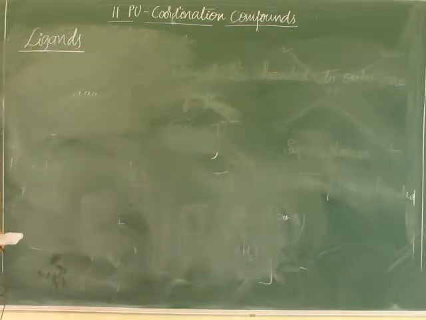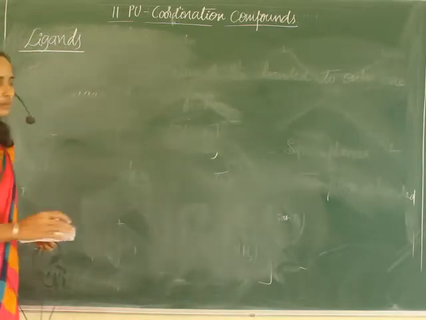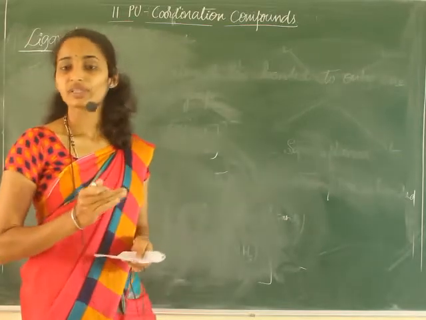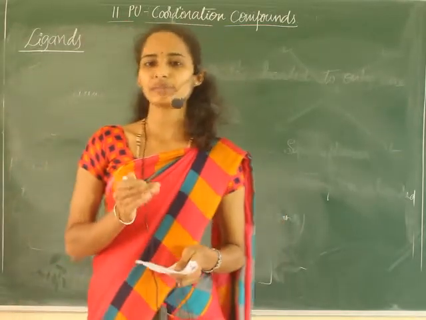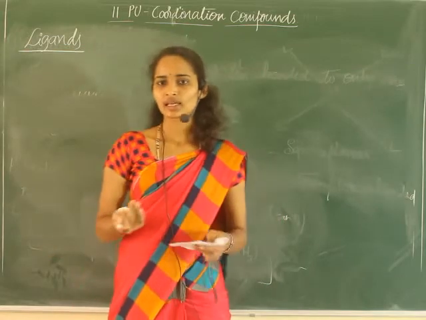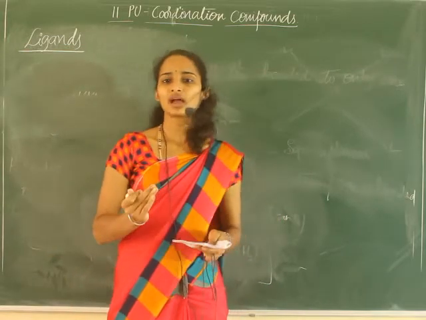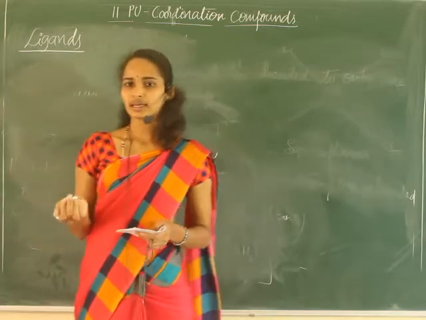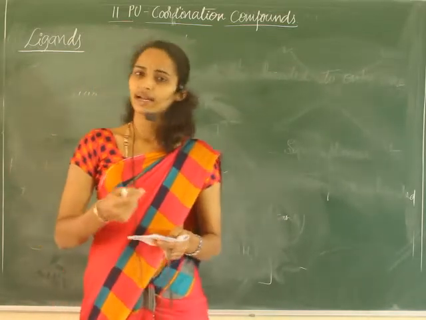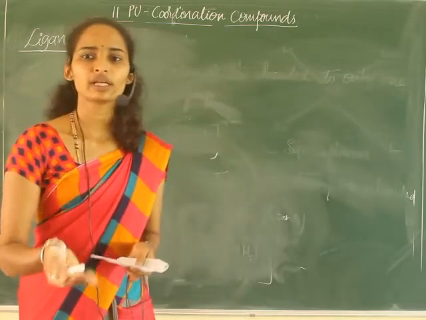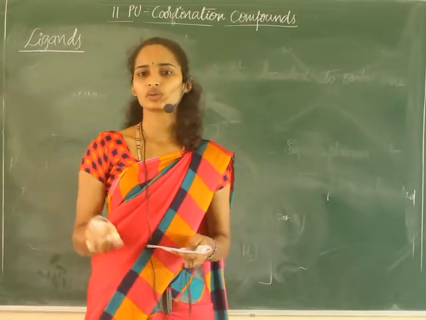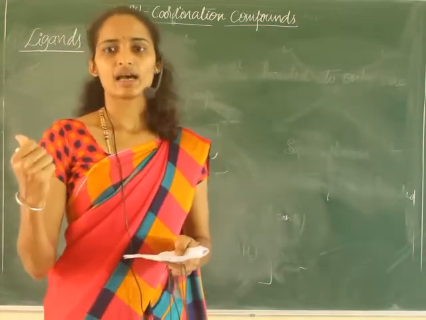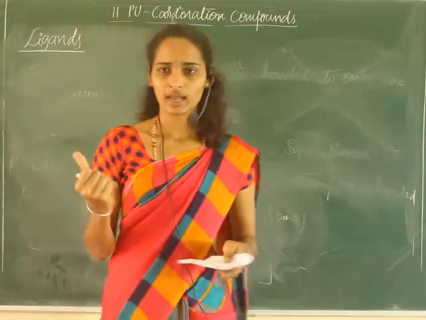Now what are ligands? Ligands are nothing but donor groups which are directly attached to the central metal atom and donate one or more pairs of electrons to the central atom. Clear? Ligands are directly attached to the central atom and donate pairs of electrons to the electron deficient central atom, and these ligands are electron rich.